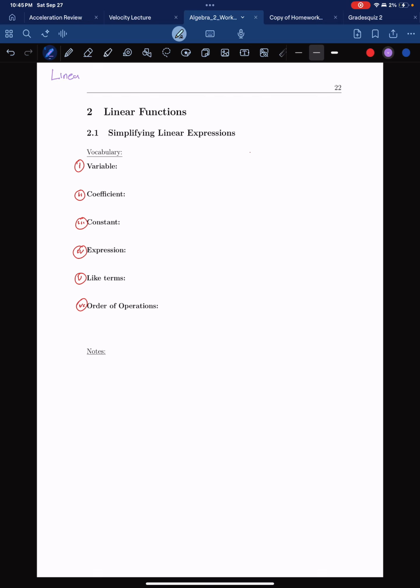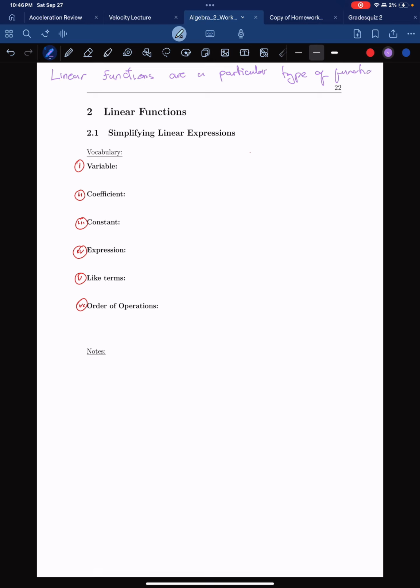Linear functions are a particular type of function.